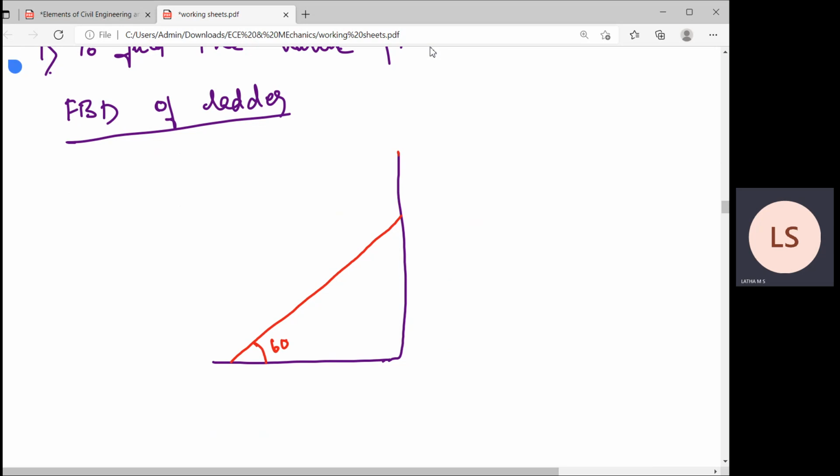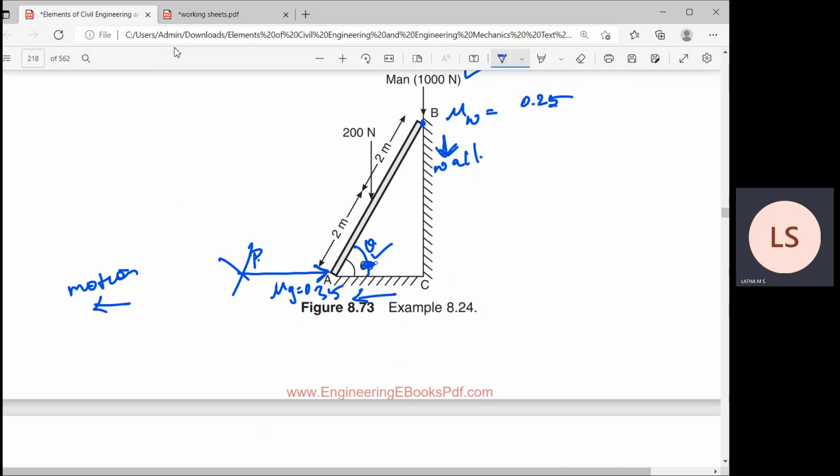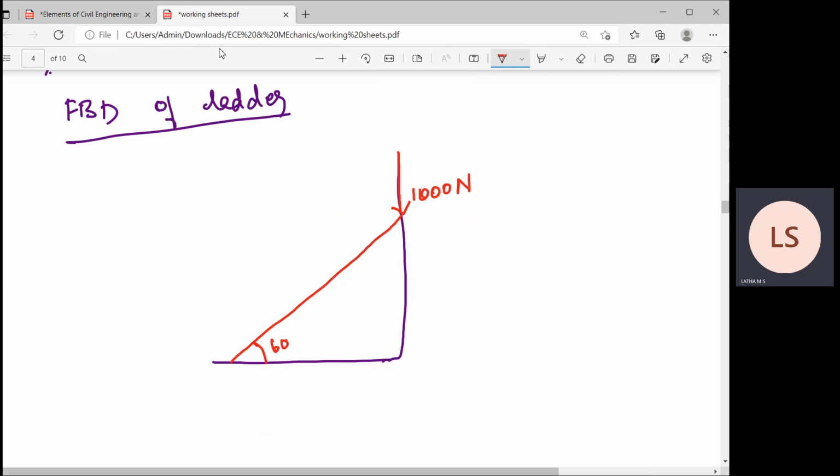And you find a person standing here of 1000 Newton, correct? 1000 Newton. And the weight of the ladder is 200 Newton. It acts exactly in the center, 200 Newton. And the distance from point A to point B is 4 meter, right?